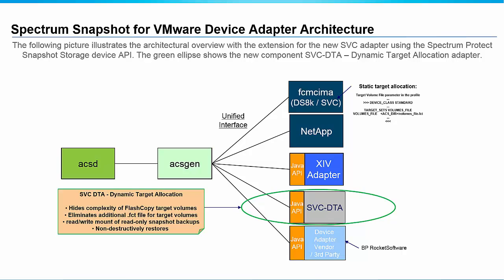So any earlier versions of the snapshots that are dependent are not going to be written to, they're not going to be overwritten, and thus you can't do a destructive restore. So that's a really neat feature of the new DTA adapter.